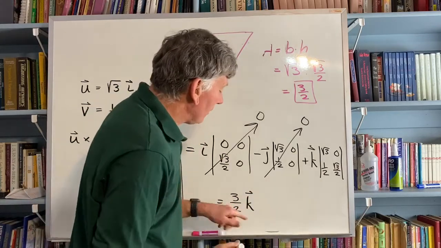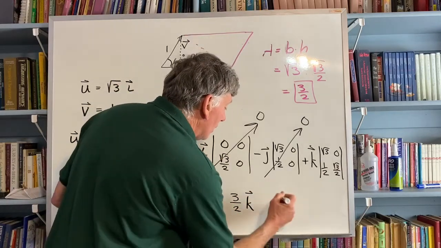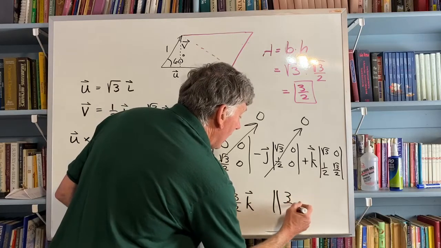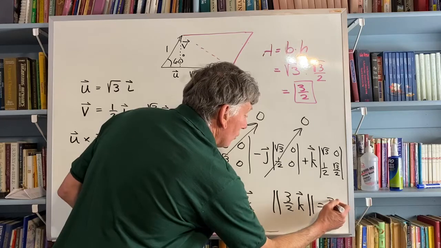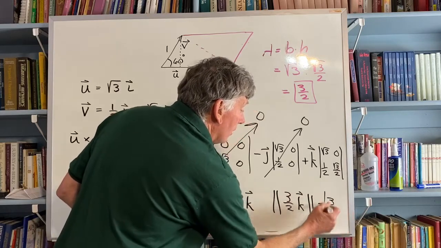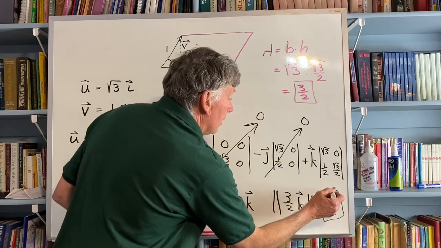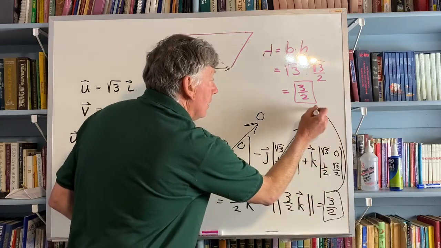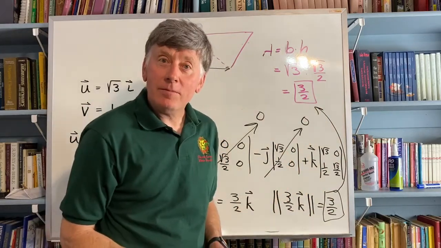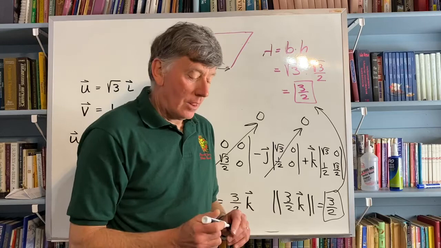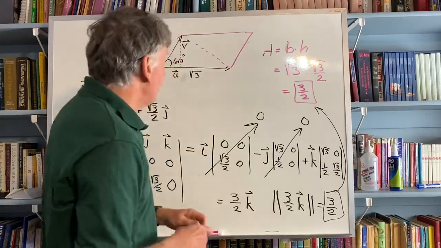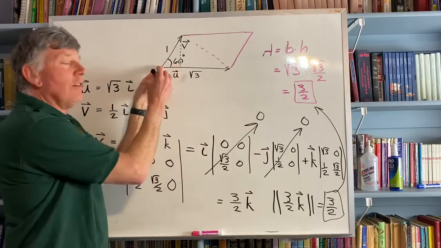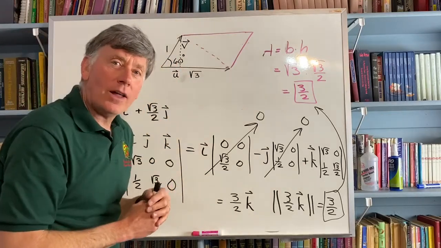And very obviously, the magnitude of that vector, 3/2 k, is 3/2, which is what I knew I was going to get. The area of this parallelogram is equal to the length of that cross product vector.